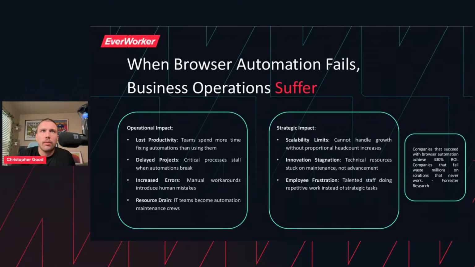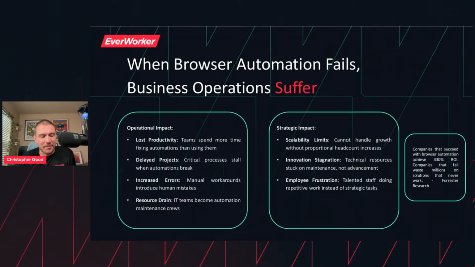When browser automation fails, the impact cascades through your entire operation. On the operational side, your teams end up spending more time fixing the automations than actually using them. Critical processes stall when automations break, and they will break. Manual workarounds introduce human errors that the automation was supposed to eliminate.